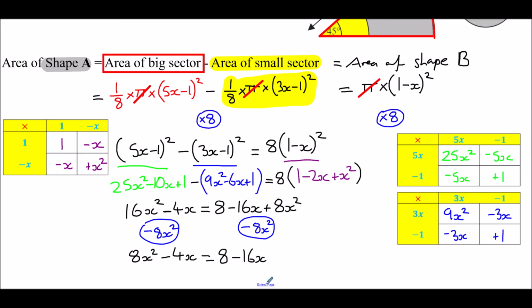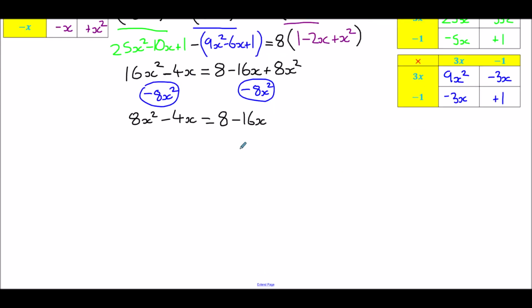The next step, we can now add 16x to both sides. And if we do that, we're going to get over here 8x squared minus 4 plus 16x overall gives us plus 12x. And on the right, we'll just be left with the 8.